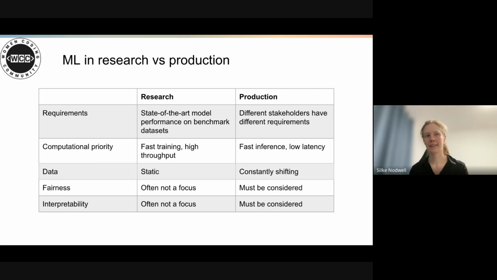Whereas in industry, the stakeholders don't really care that much about whether we've got from 94 to 95. Different stakeholders have different metrics and requirements, and it's often more tied to the business outcome that they need to drive. Has this actually made our customers happier? A tiny percentage point in a metric may or may not do that.